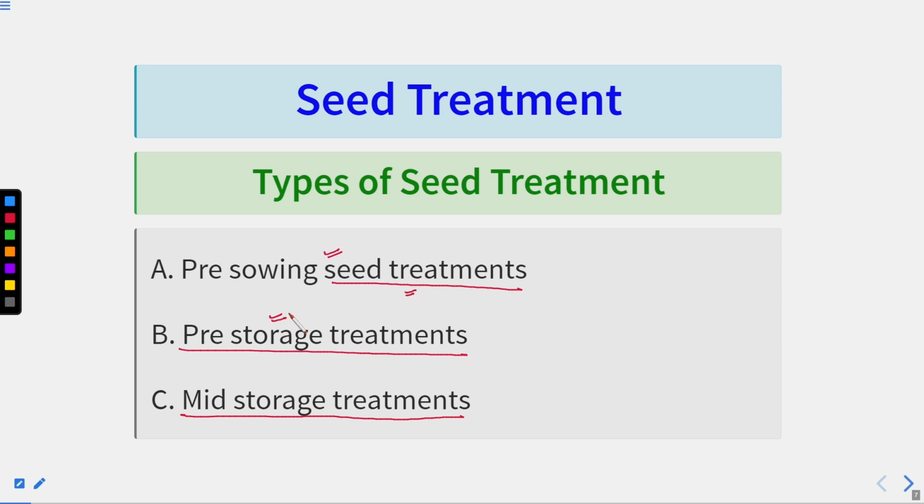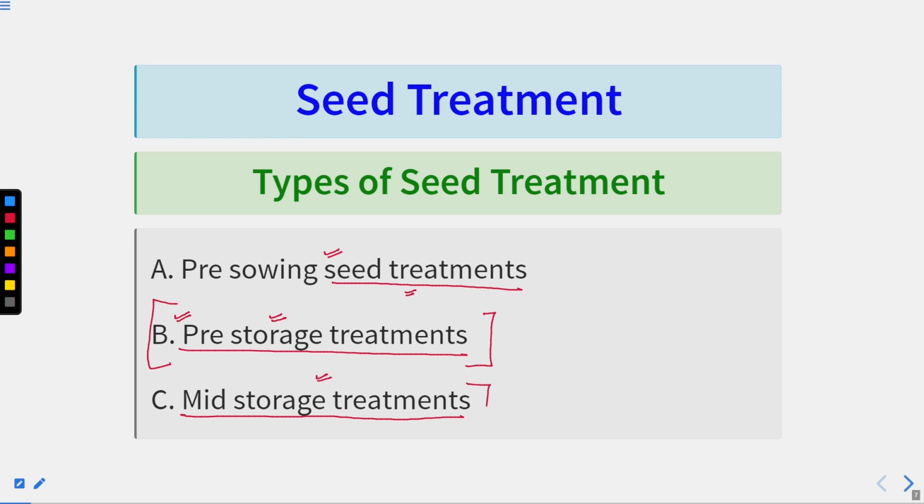Pre-storage treatment: after the harvesting, we store our seeds in silos or other containers, and make sure that these containers do not have any microbes, any bacteria, any fungi, any insects. That is very, very important. And we use some pesticides at the time of storage also. So that is called pre-storage treatment.